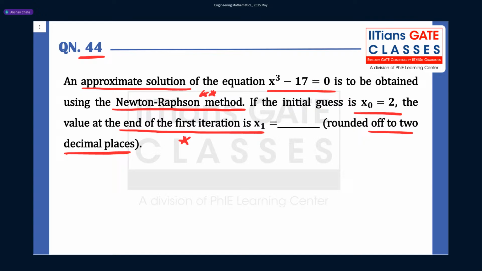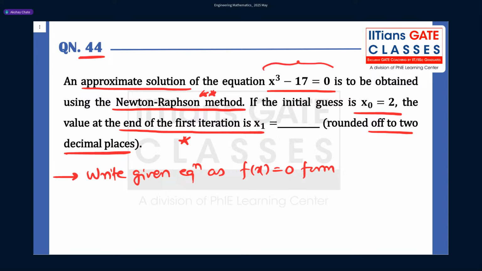So to solve these types of questions, the first thing that you should do is write the given equation as f of x equal to 0 form. Here they have given it directly in the equal to 0 form, but in some problems they give you some tedious equations.